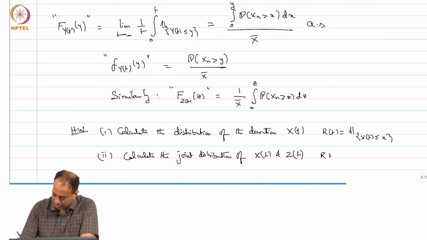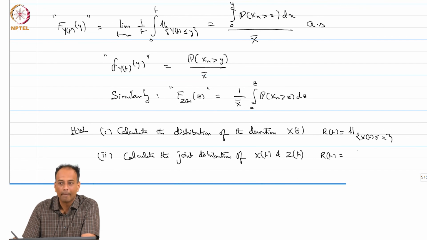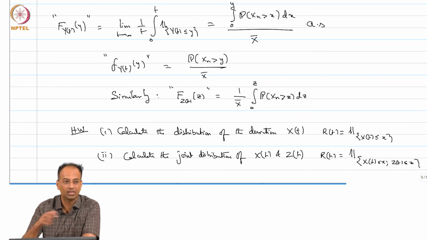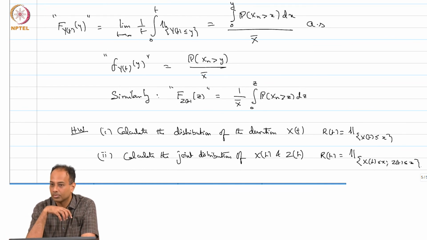R of t equal to the indicator xt less than or equal to x and zt less than or equal to z. This is the reward. You can calculate the entire joint distribution of these x and z, or y and z.